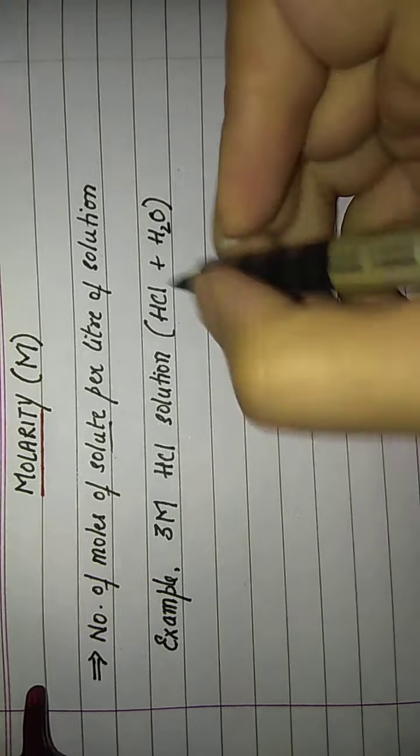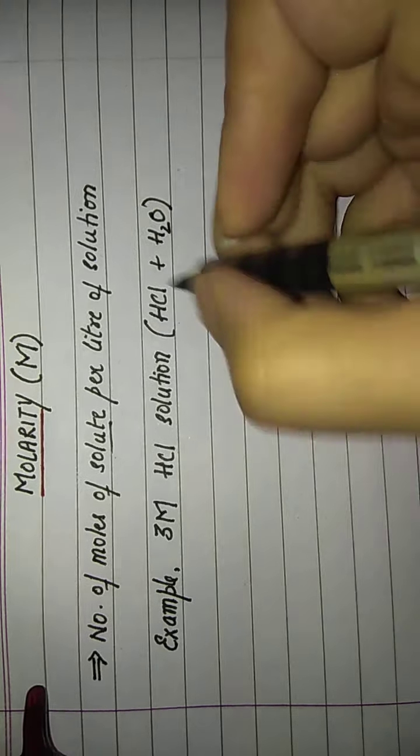The first information that I have is the number of moles of solute. And what is the solute? HCl. So the number of moles of HCl is equal to 3 moles because it says 3 molar. So the number of moles of solute, whatever the solute is, will be 3 moles.